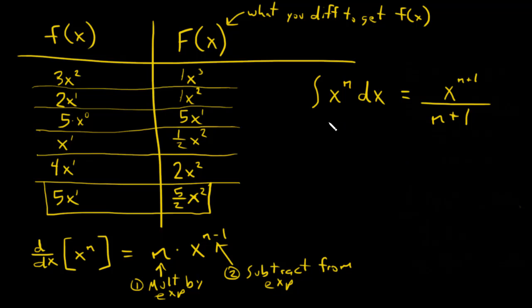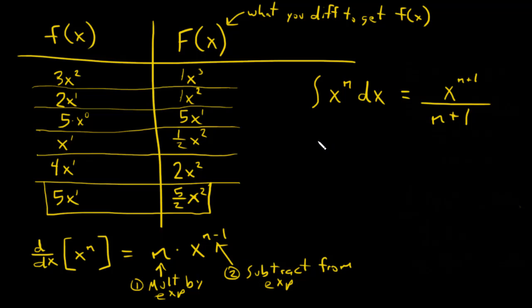Okay? If I want to go backwards, I need to not only change multiplication to division and subtraction to addition, I need to change the order. So instead of this one coming first, this piece has to come first.